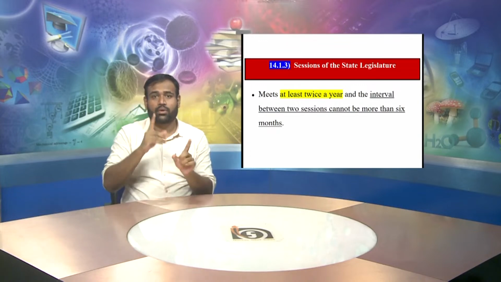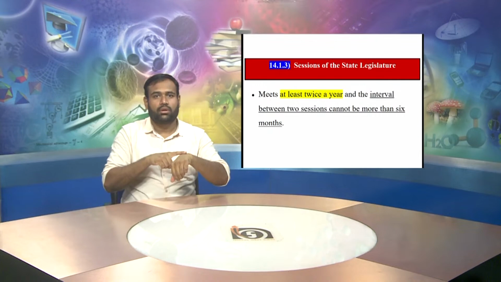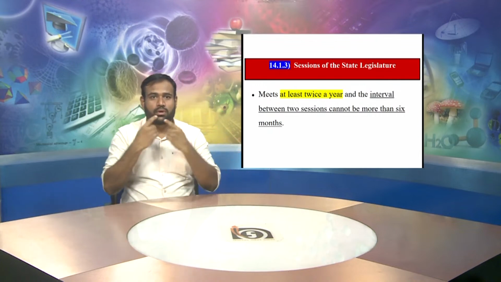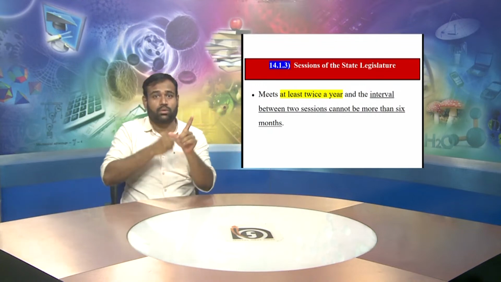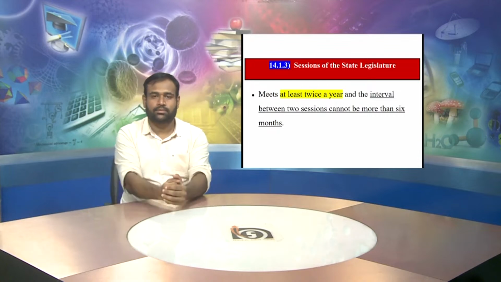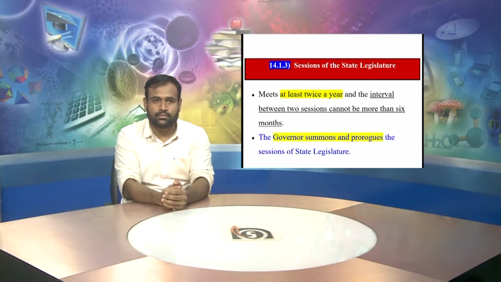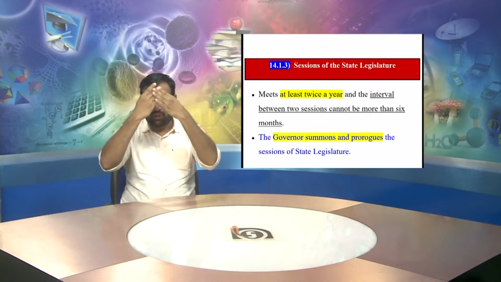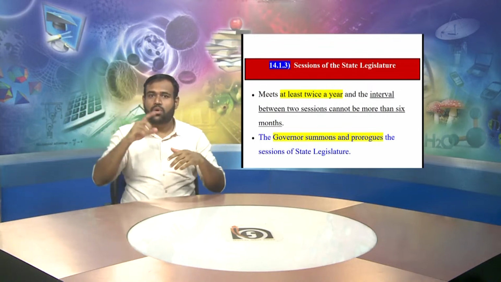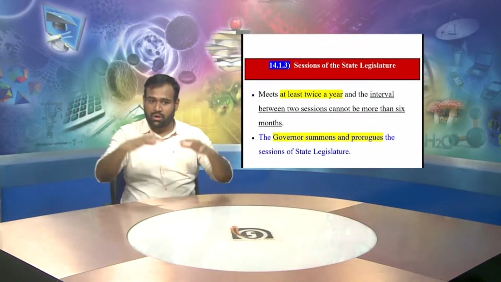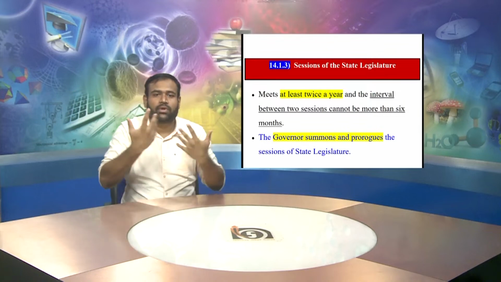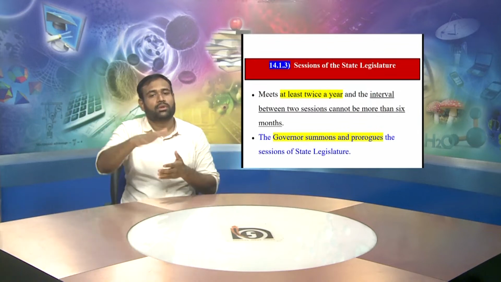Let us now understand the sessions of the state legislature. The state legislature meets at least twice a year, and the interval between the two sessions cannot be more than 6 months. The governor summons and prorogues the sessions of the state legislature.